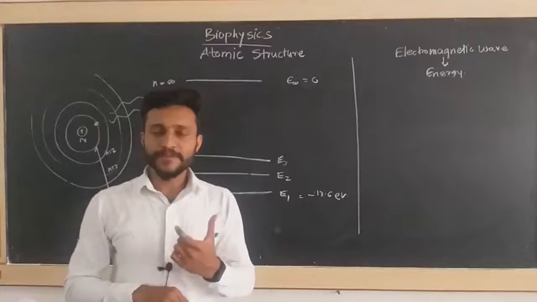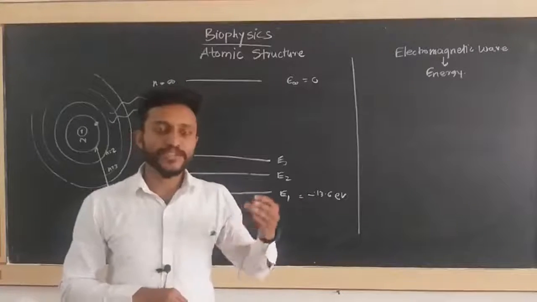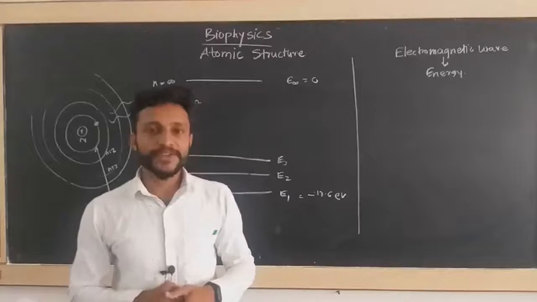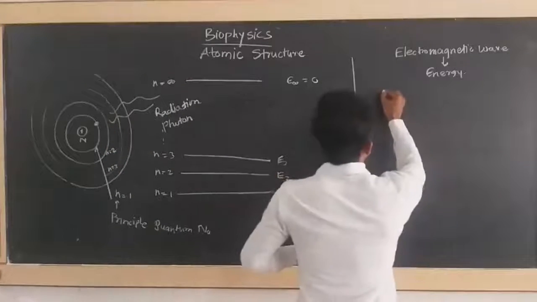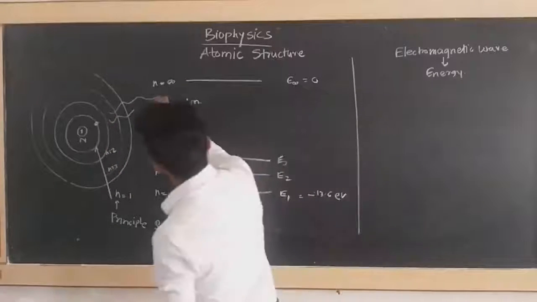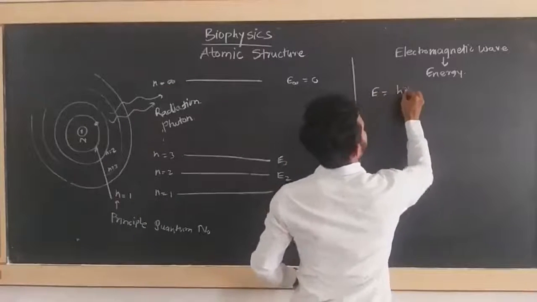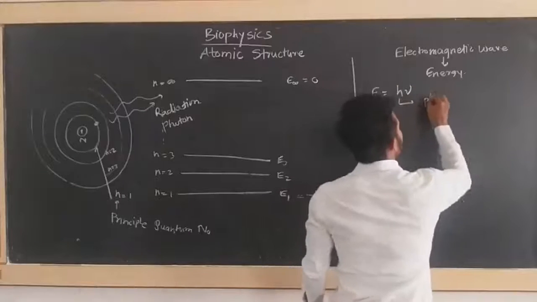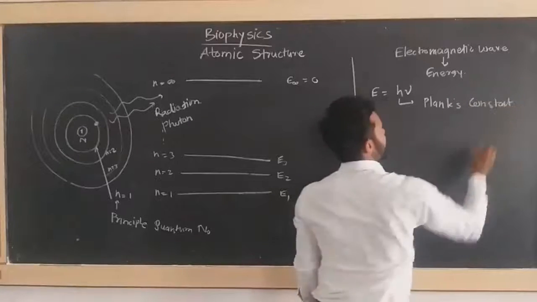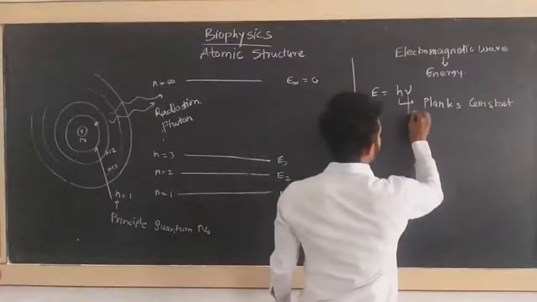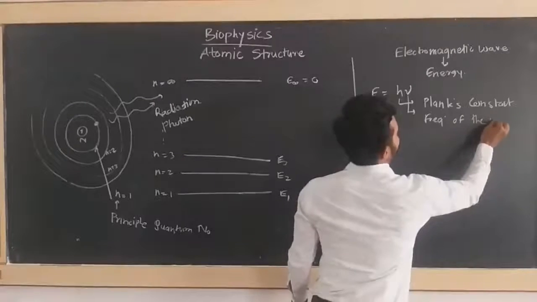When white light comes from the source, it contains different kinds of radiations according to different frequencies and wavelengths, and we know the relation between frequency and wavelength. The emitted photons have energy E equal to h nu, where h is Planck's constant and nu is the frequency of the wave.